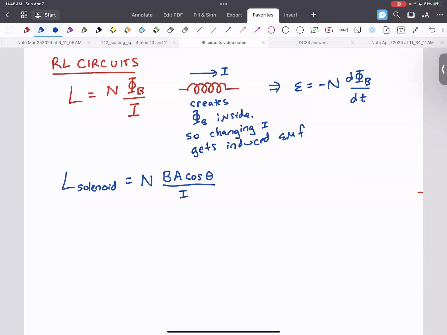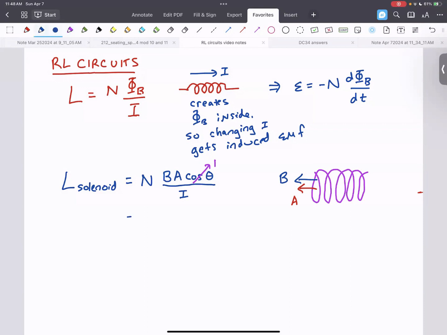Note that if we look at a solenoid, which I'll draw as a larger one, our area vector is going to be parallel to our magnetic field vector. And so that cosine of theta term is just cosine of 0, so cosine of theta becomes 1.